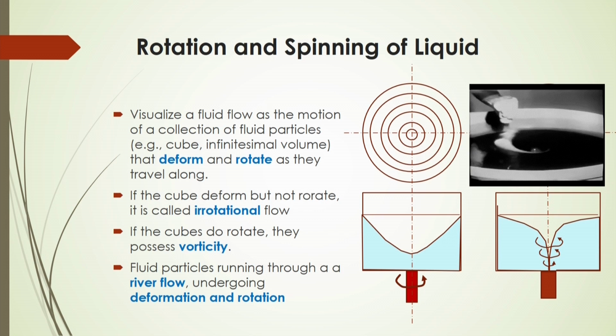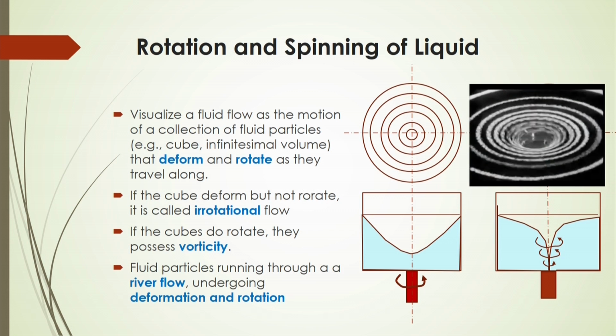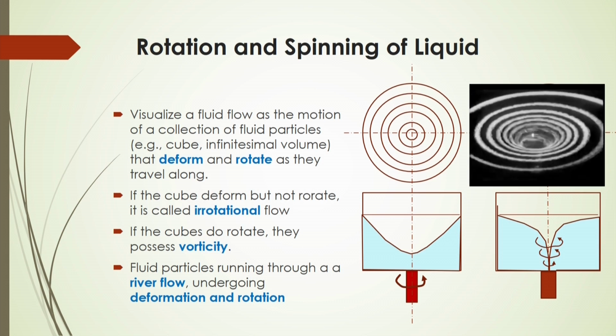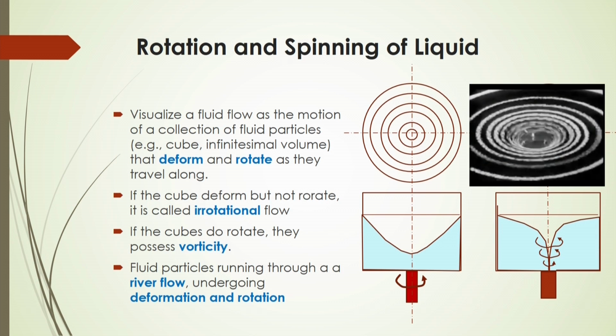Now, another important characteristic of fluid flow is called rotation, the spinning of liquid. What is that? Here see the diagram, there is one video. From this video you will see how a liquid element will be rotated and how it will make a vortex over the surface and how deep this vortex will be. If you inject some dye in a rotating surface, you will see how these dye particles form a rotational streamline here.